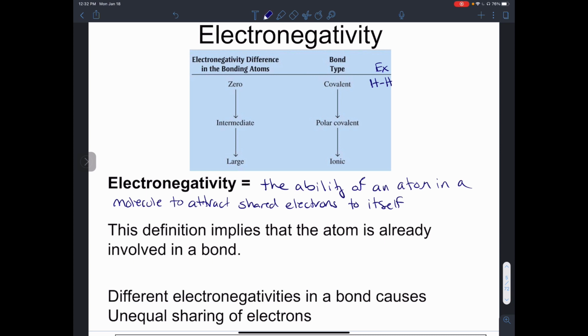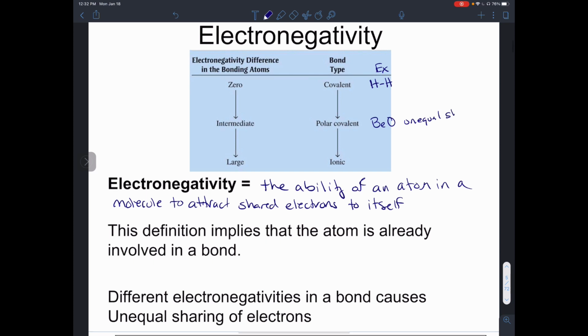For a polar covalent bond, an example would be something like beryllium and oxygen. Beryllium has a much lower electronegativity than oxygen, so you're going to have unequal sharing in this bond, because the beryllium doesn't pull so strongly on the electrons and the oxygen does.